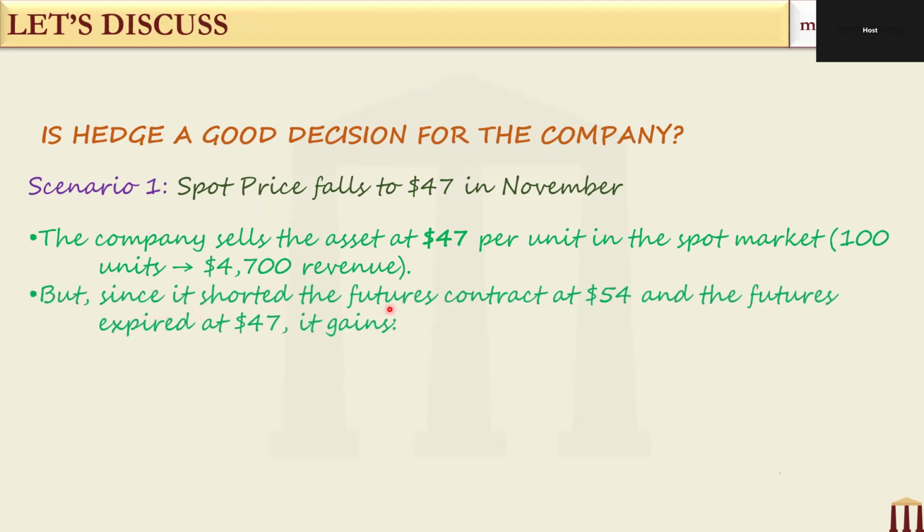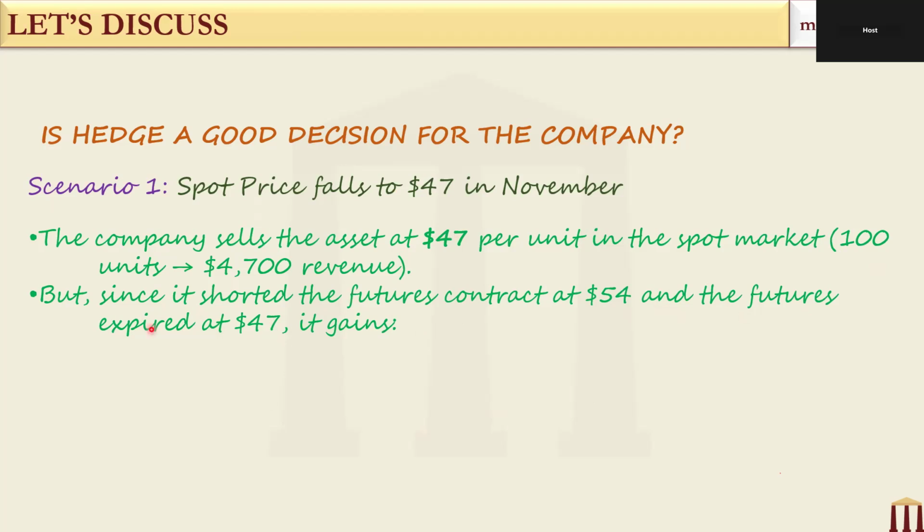Since it shorted the forward contract at $54, we don't need to worry about this part, because the futures price also changes, and in the end, the spot price becomes equal to the futures price. The future also expires at the same spot price at the end. But we are not going into that right now, to make this example simple. We assume that everything is being done using a forward contract with another party.